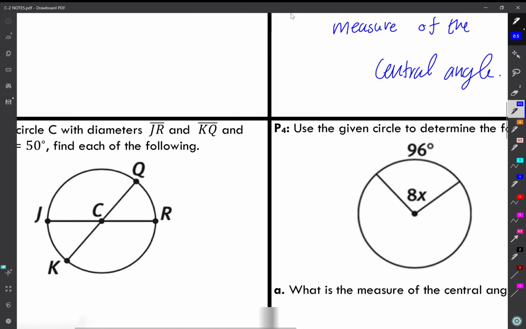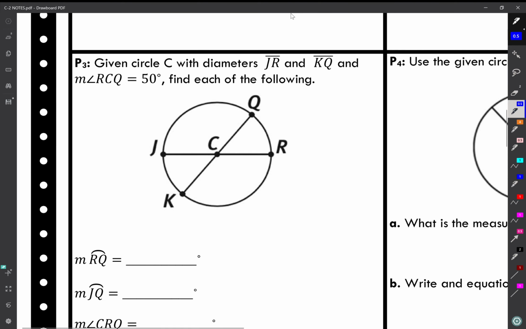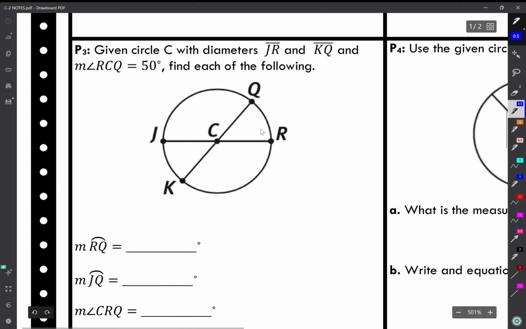All right, moving on to number 3. Given circle C with diameters JR and KQ, and the measure of angle RCQ is 50 degrees, find each of the following. So let's see if I can just find everything I can right here. This is 50, this is 50. This is going to be 130 because 180 minus 50 is 130, and we know it's 180 because those two angles form a straight line right there.